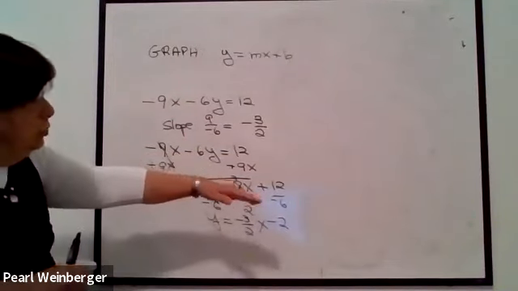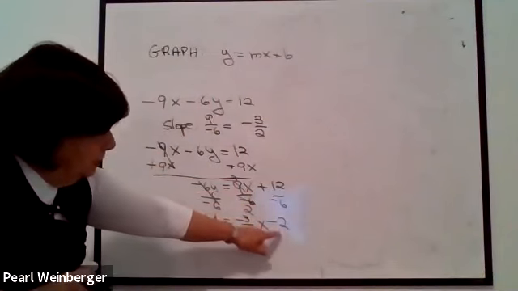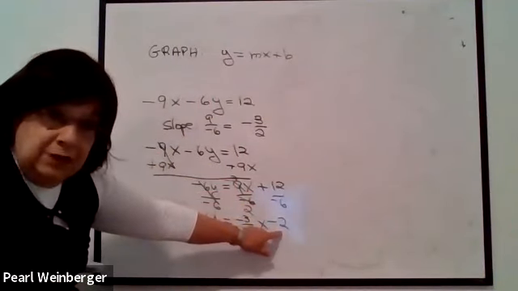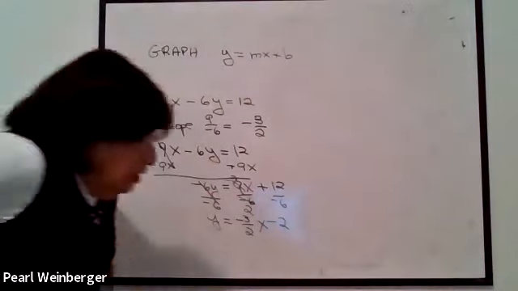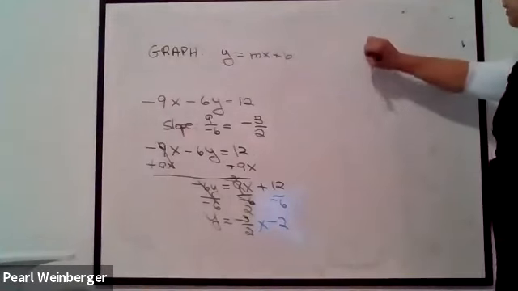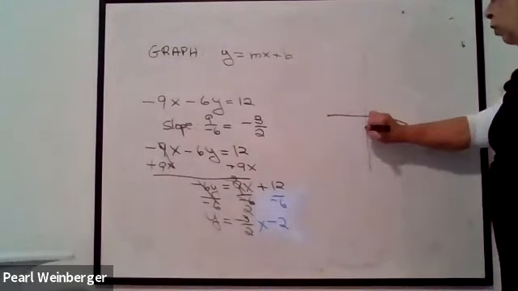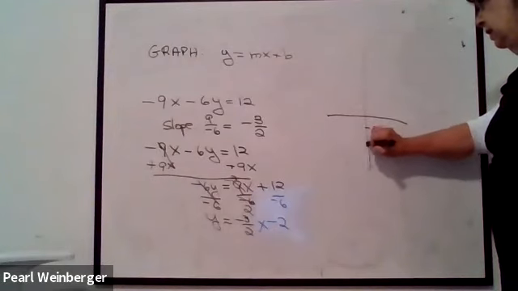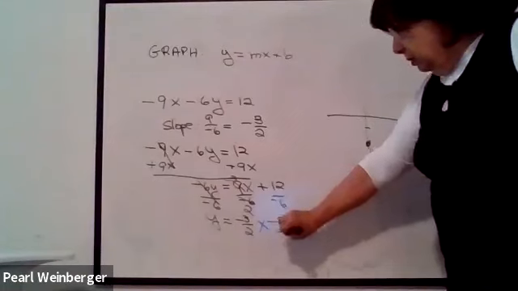Down 3, 2 to the right. It happens to be that the y-intercept of this line, which we get for free, we weren't asked about it, but we have it, is negative 2. So again, it would have been easy for me to draw this line now by starting on my y-intercept, which we said is negative 2, because we see this right over here.